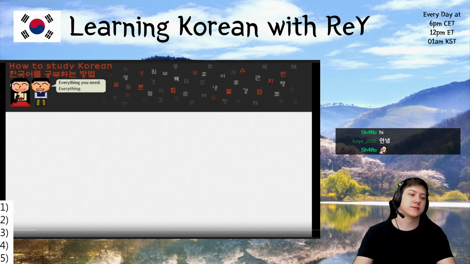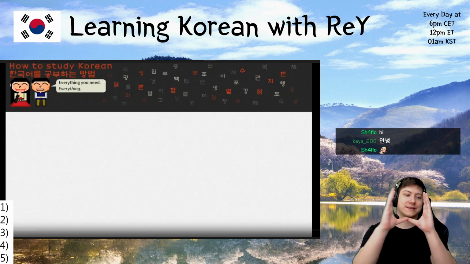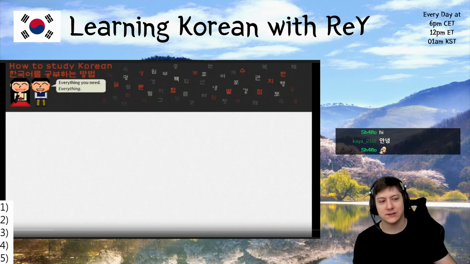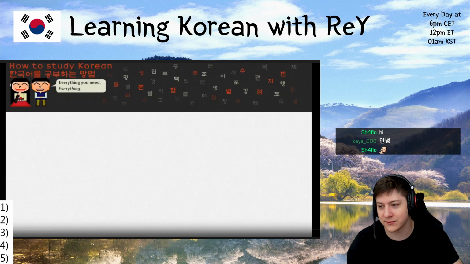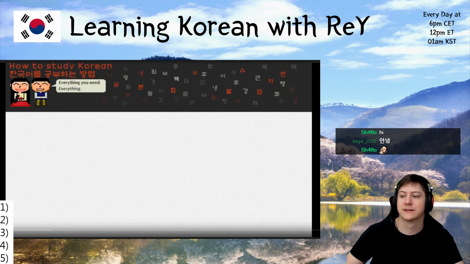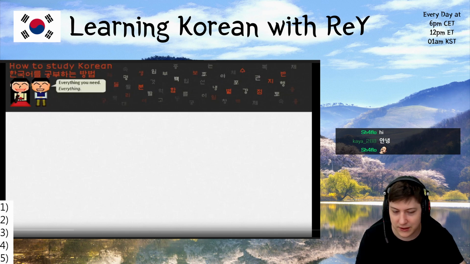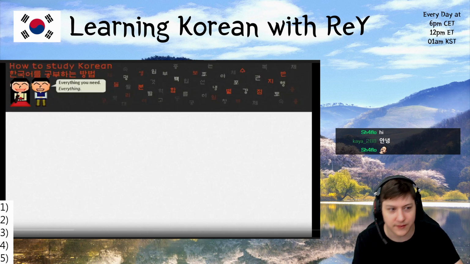Same procedure as always. I put my typing window in front of the chat, and then I cannot see your discussions or your answers, if you want to join. I think we are ready. Is my Korean keyboard layout enabled? Now it is. Okay, let's go.